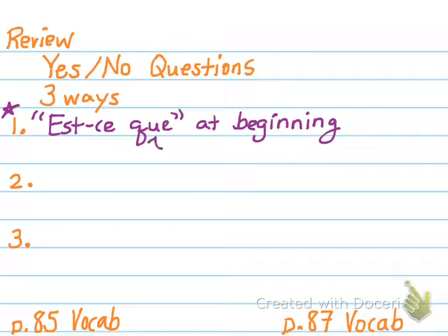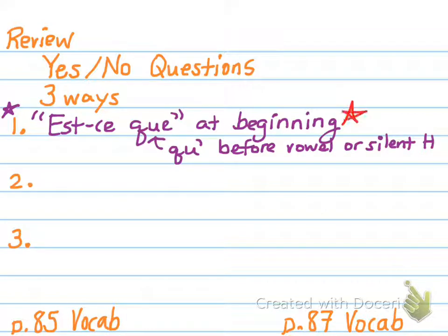We do need to remember that que becomes qu' before a vowel or a silent H. And this is, again, by far our best way. This is how you should be writing questions in French.